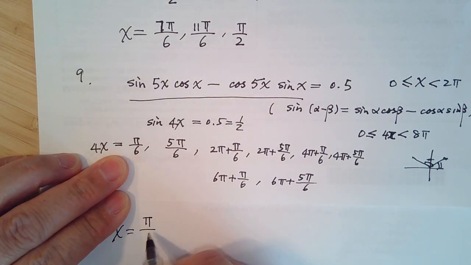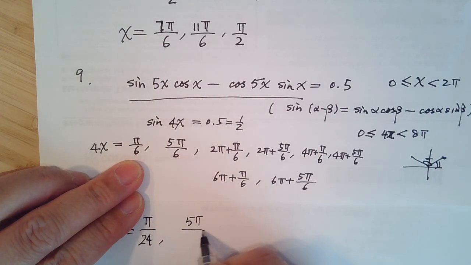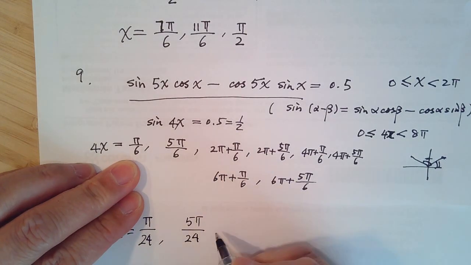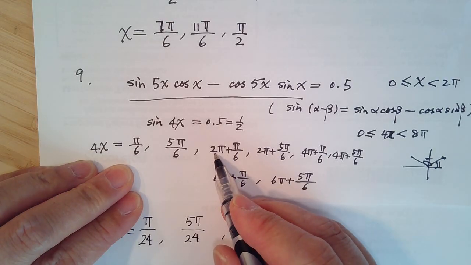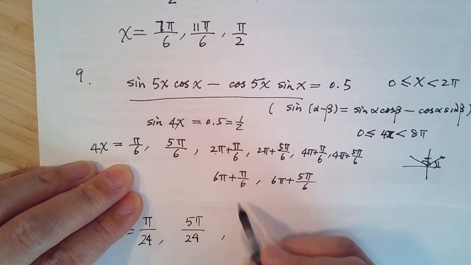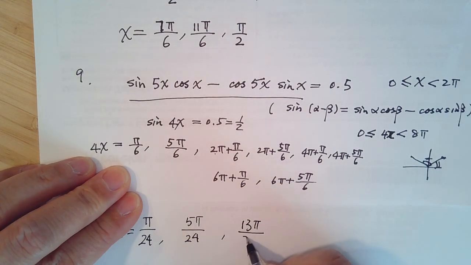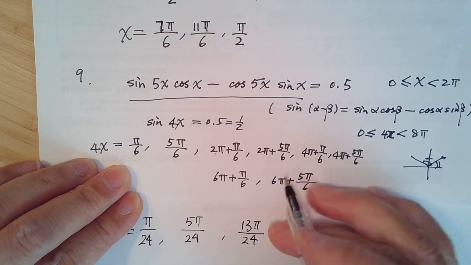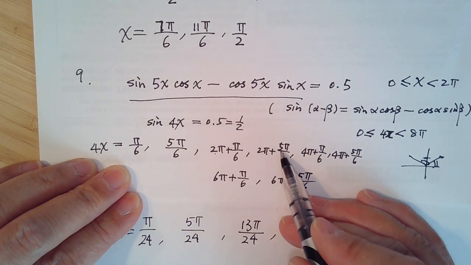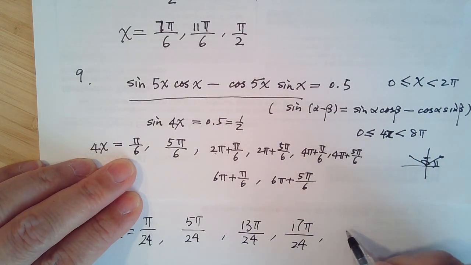So I get π/24, and I get 5π/24. Then this is 2π + π/6, that's 12 plus 1, so it's 13π/24. And this is 2 times 6, 12, so that's 17π/24, more 25π/24.